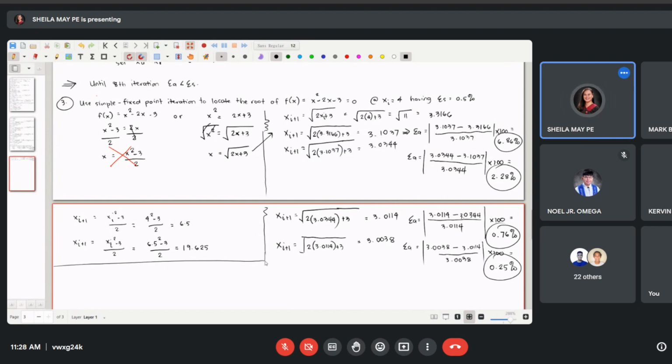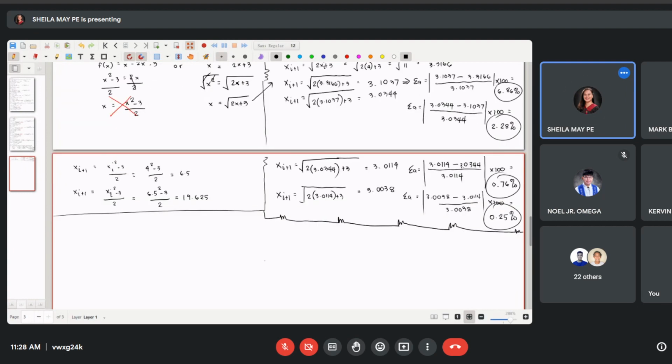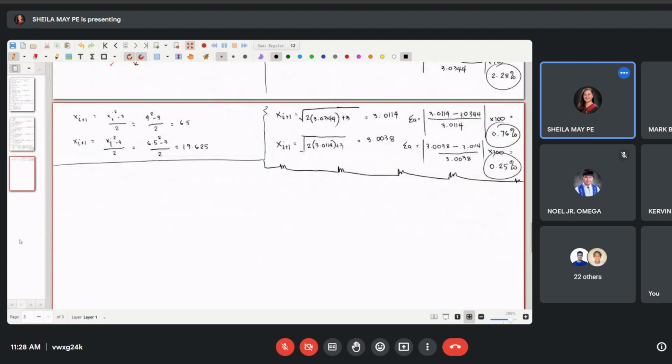So we will stop with our fifth iteration. That's all the problem asks for, unless the problem asks for 0.001%, then we would continue iterating. Follow? Yes, ma'am.